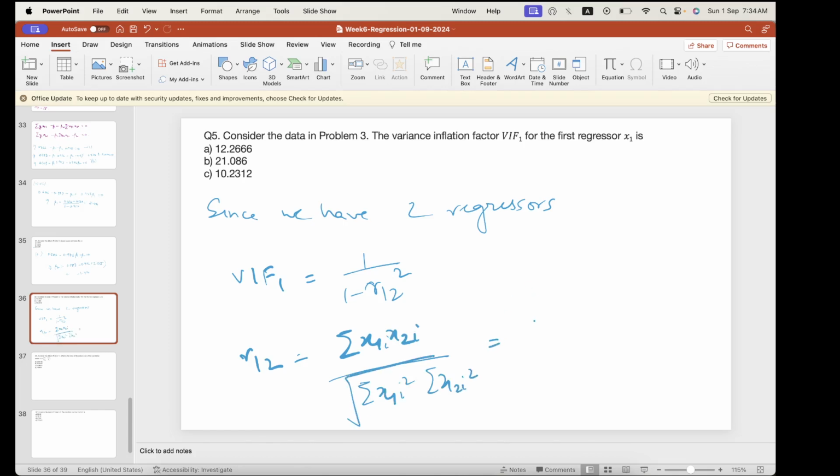So this is 1, this is 1, this is 0.976. So therefore VIF will be 1 by 1 minus 0.976 square.